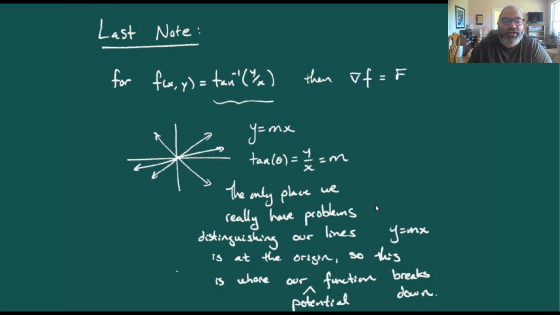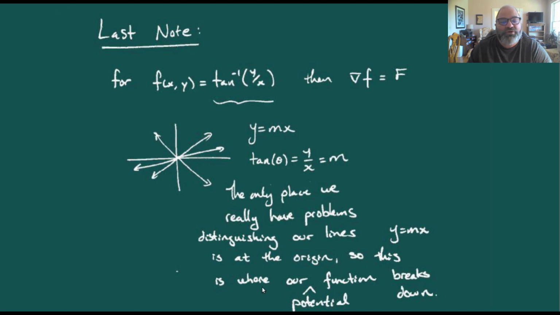The only place where we have a problem distinguishing any of these lines is the origin, because the origin is the only point common to all of those lines. So we get this real problem point at the origin.